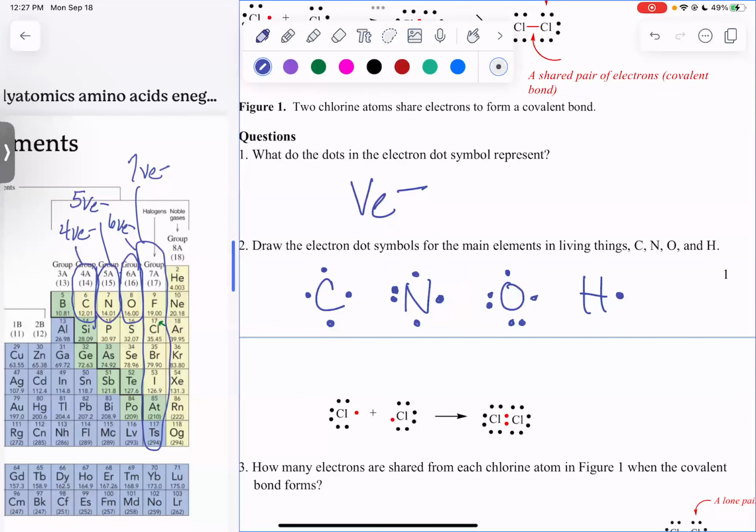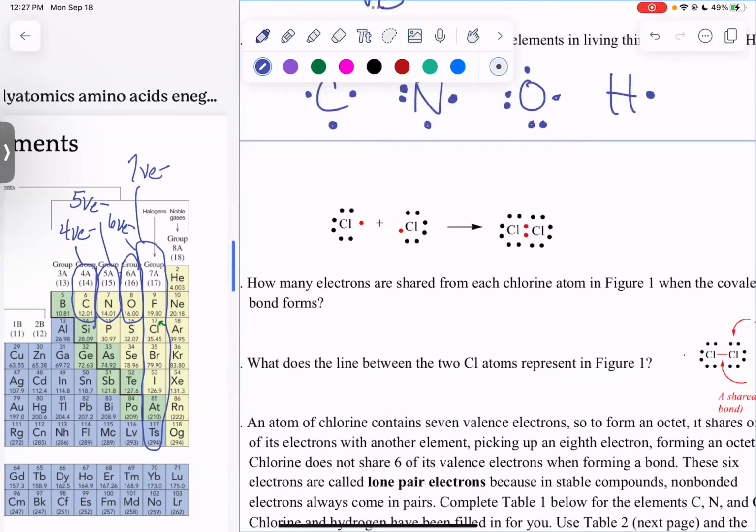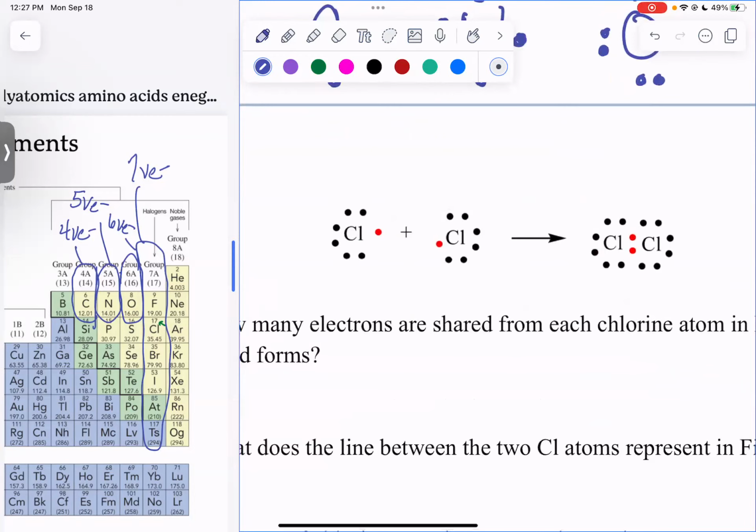All right. How many electrons are shared from each chlorine in figure 1 when the covalent bond forms? So all that's happened here is that each chlorine atom had 1 electron that's not paired. And it's kind of just floating out there. And so this chlorine is saying, hey, would you like to share this one if you share that one with me?